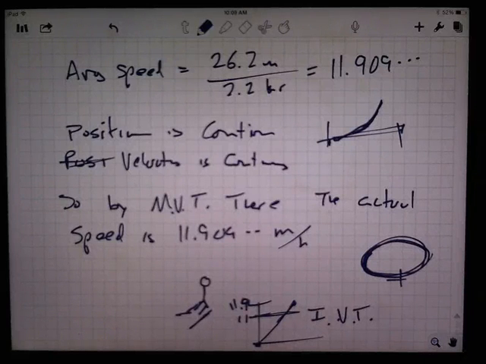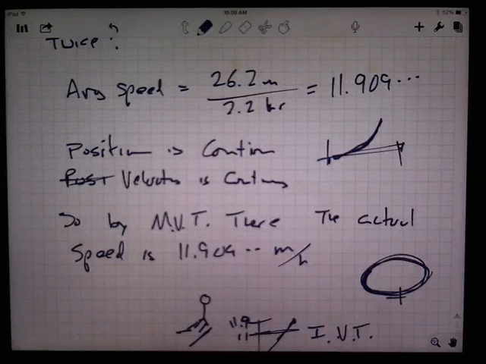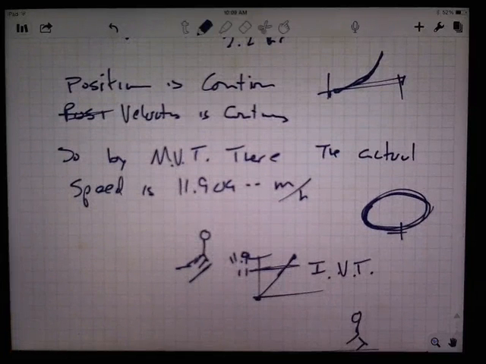If I assume you started from a stopped position, then we can argue the 11, but that's about it. Okay. Anyway, the mean value theorem. I don't know when they were at 11.9. I just know at some point, since the average was 11.9, they must have been running for at least one instant at 11.909 miles per hour.